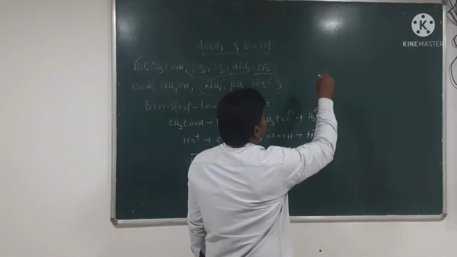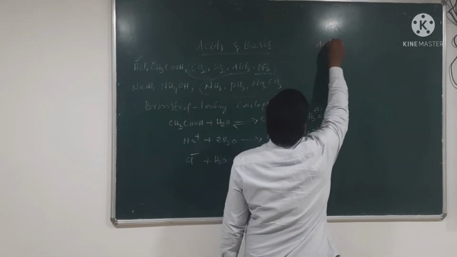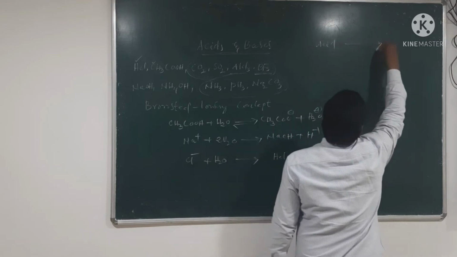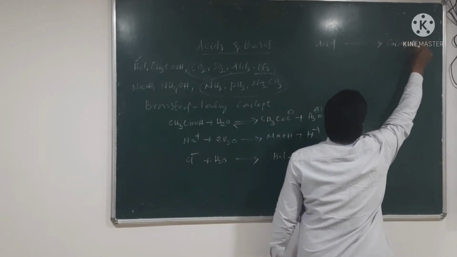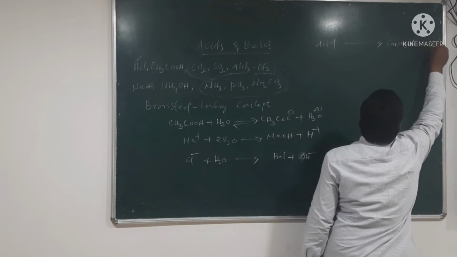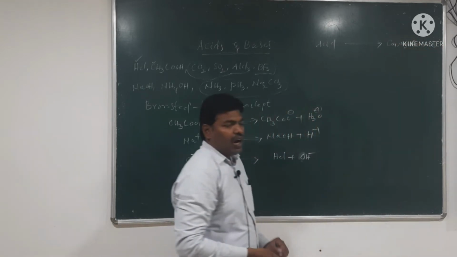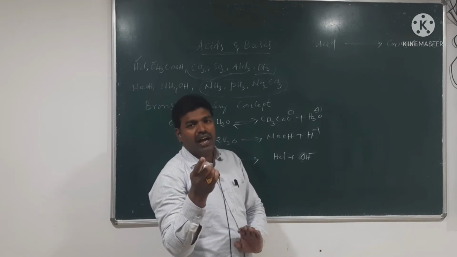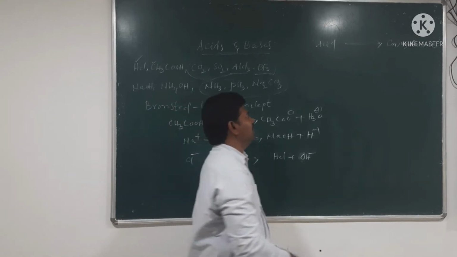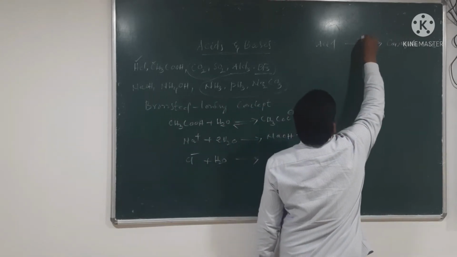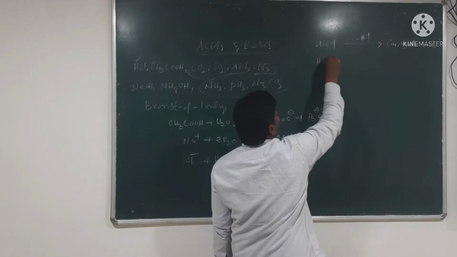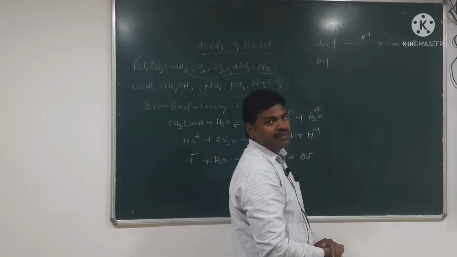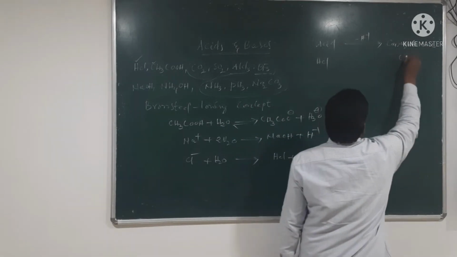For example, acid. According to Bronsted, a proton donor is an acid, that is, an acid can donate H plus ions. For example, HCl can donate H plus ions and forms Cl minus ion.